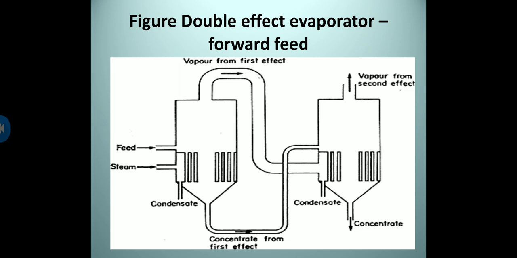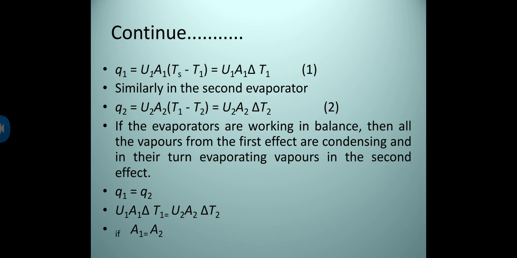Here, if the liquid to be evaporated is in each effect, and the boiling point of this liquid is unaffected by the solute concentration, then we can write Q1 equal to U1 A1 (Ts minus T1), which is also equal to U1 A1 delta T1. We will call this equation number 1.